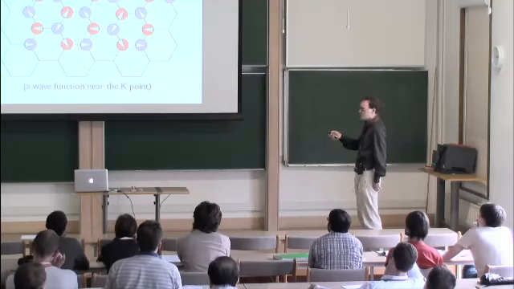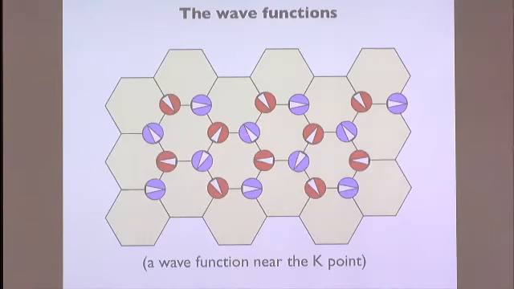For example, it's also not spoiled if I introduce not just the nearest neighbor coupling, but also the next nearest neighbor coupling. Then you can convince yourself that if I add up the contributions from all of these next nearest neighbors, well, let's see. If I want to collect contributions to here, then this, and this, and this, and this, and this, and that one will be the next nearest neighbors.